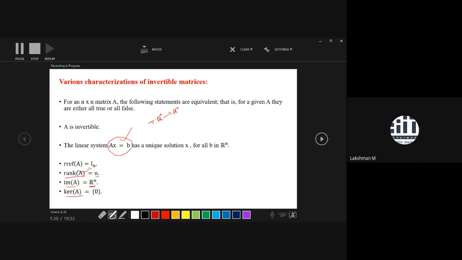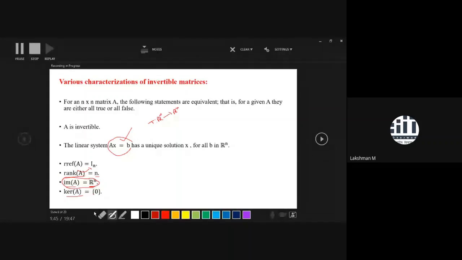Okay, so here when the image happens to be equal to the target space, this is the target space, image is equal to target space, then we can say that the function, or the matrix or corresponding linear transformation, is invertible.